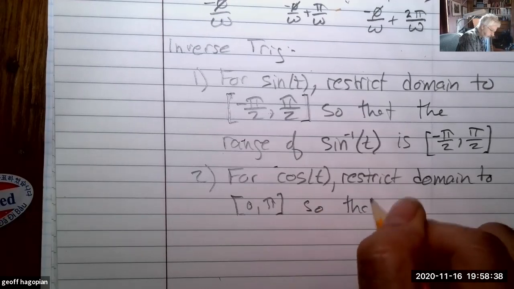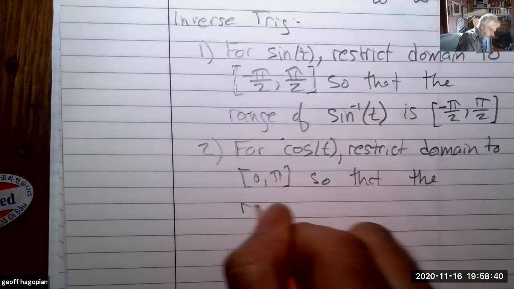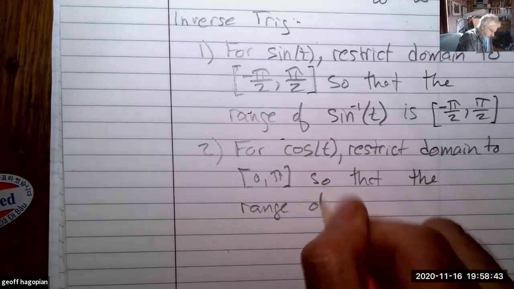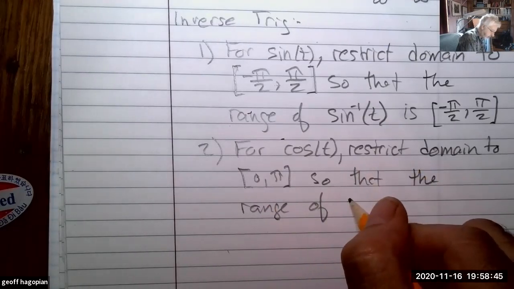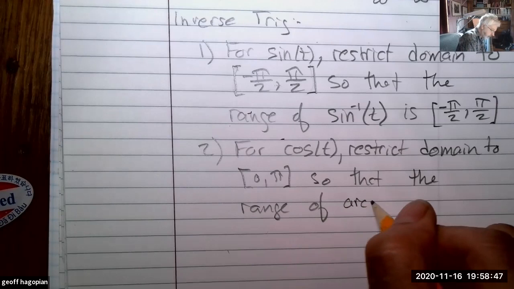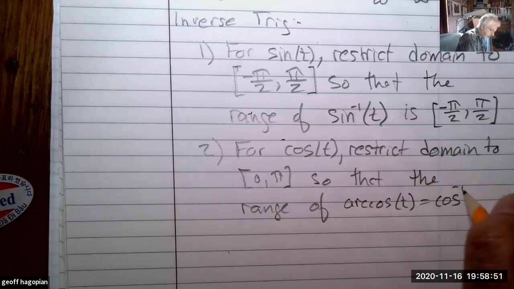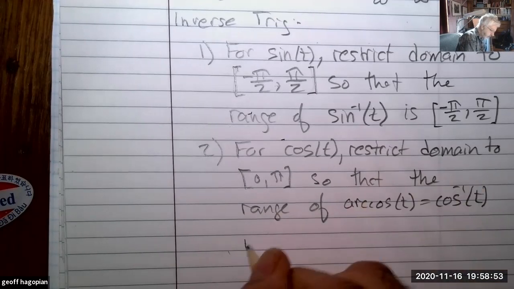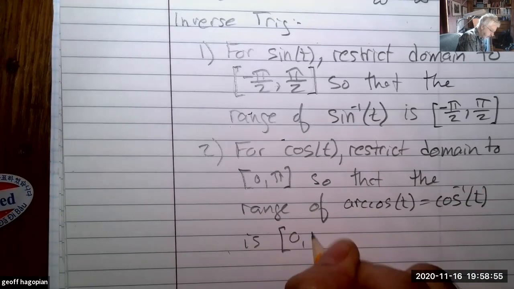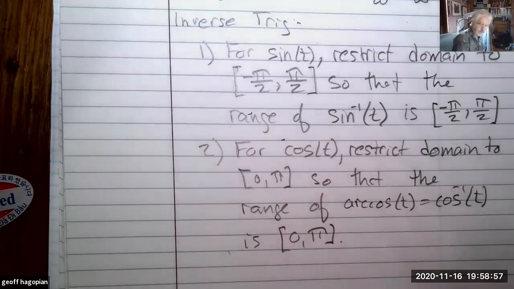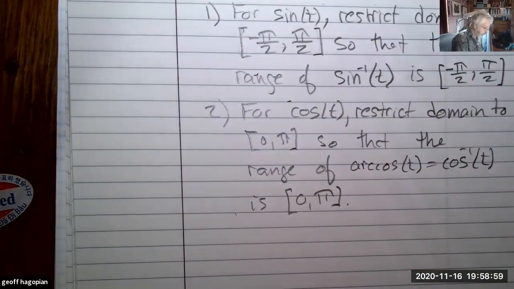So that the range of the arc cosine, which is alternately denoted arc cosine or inverse cosine, like so, is also this interval from 0 to pi, where it will be 1 to 1.